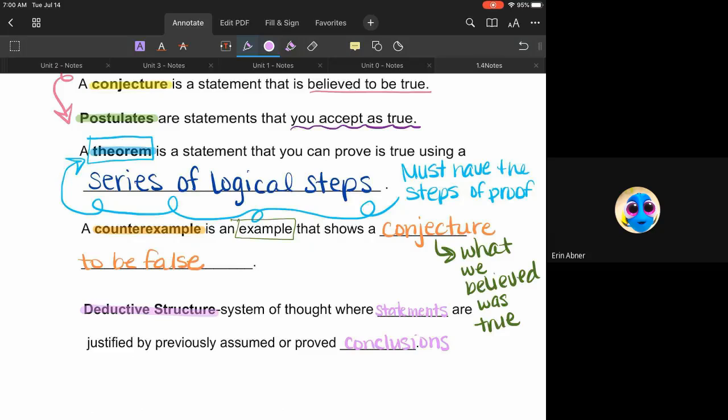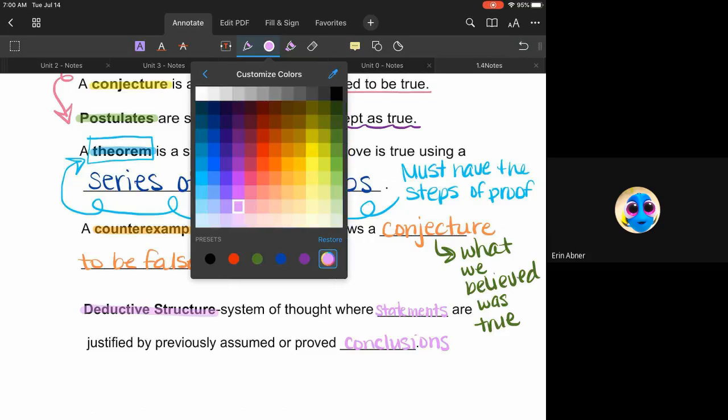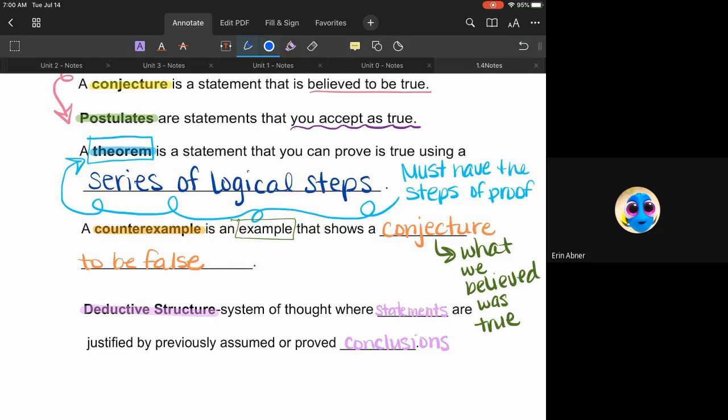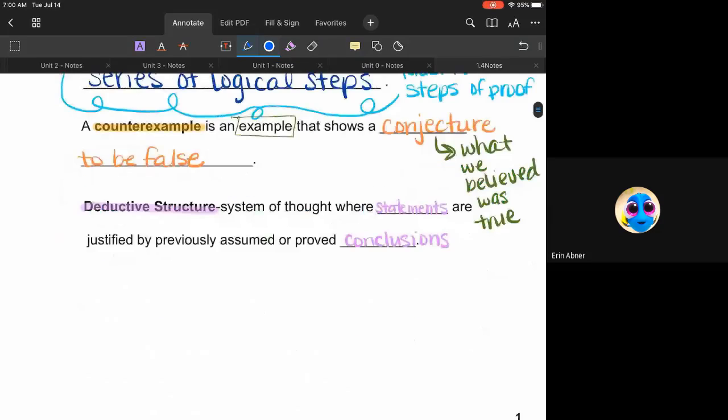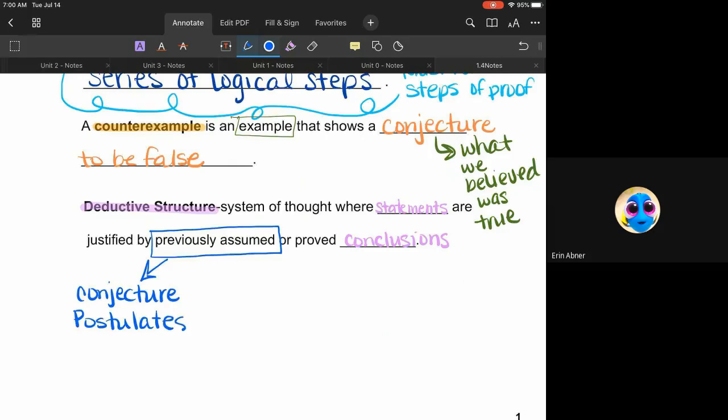So we're going to say previously assumed. Let's take a second look at that. Through this process, we kind of assumed that certain things were true, so we're going to point out the things that we previously assumed were true. Those were our conjectures and our postulates, or when we get more into the proofs, you'll see things that are just straight given to you.